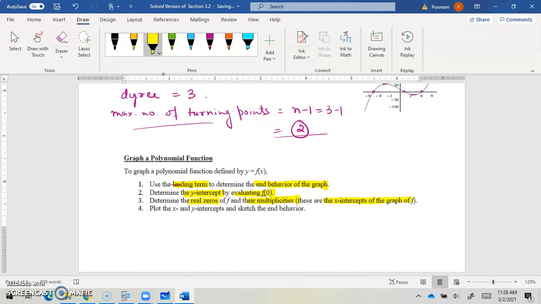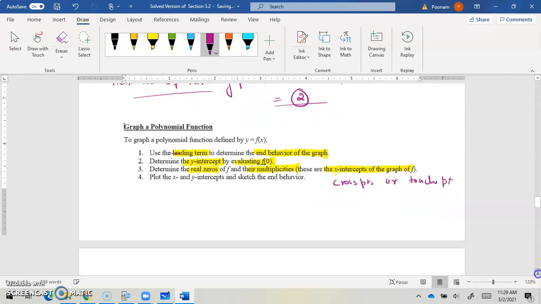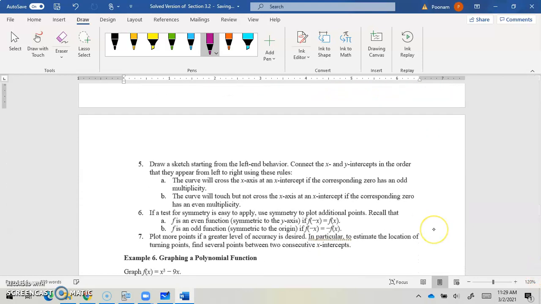These are the x-intercepts. Then I check whether these x-intercepts are cross points or touch points, and that will help me make the graph using the x-intercepts and the end behavior. Draw a sketch of the graph starting with the left end behavior, connecting x-intercepts and y-intercepts from left to right.